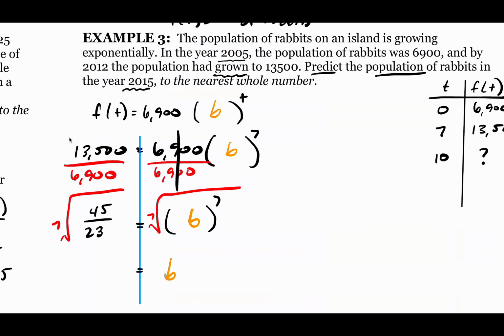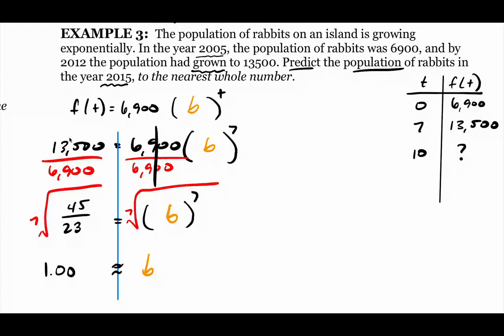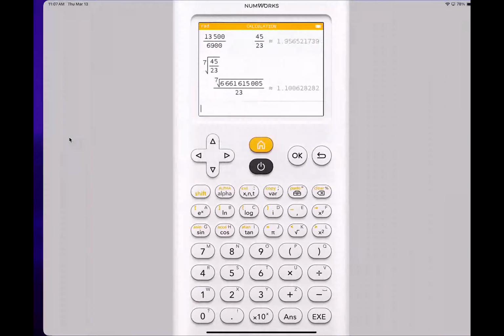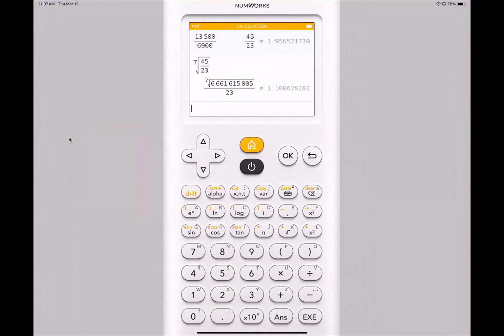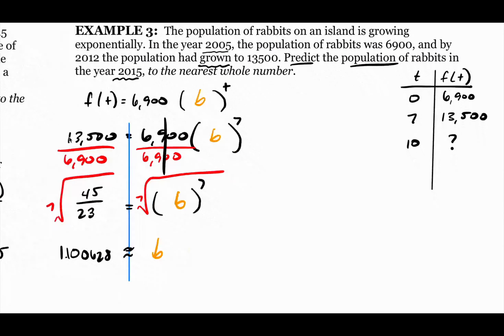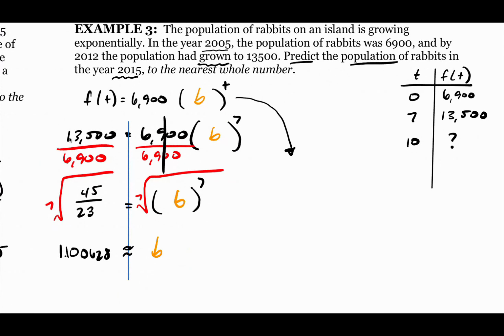Okay, so B is approximately 1.10628. That's B. Now I know what the growth rate is: 1.10628 to the t power.